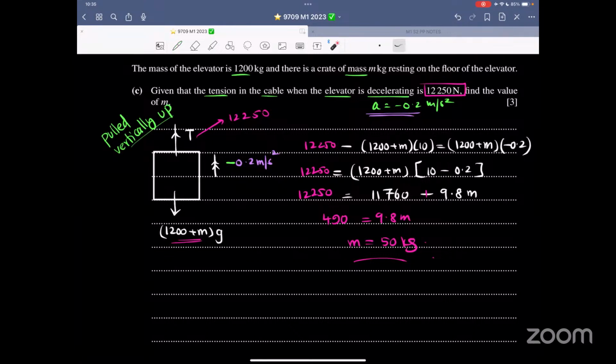But we will write the equation the way that I've taught my students in class. That is, the upward force is more, downward weight is less, that equals mass into acceleration. The negative sign will take care of it all. So the tension minus mg is equal to the whole m into acceleration. m comes out to be 50. So the mass of the elevator is 1200, the mass of the box is 50.